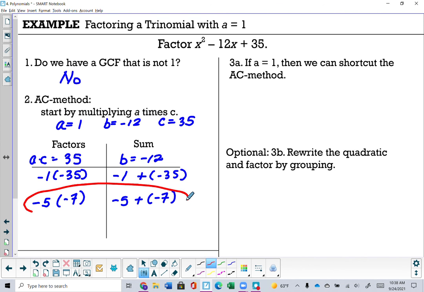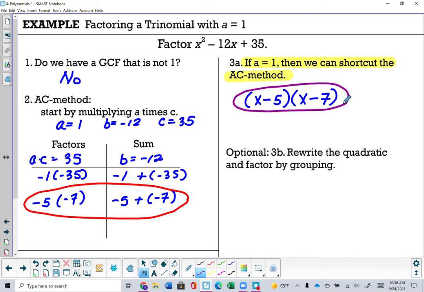Now, whenever our A value is equal to 1, we can shortcut the AC method. This is really nice. These two numbers here, negative 5 and negative 7, is exactly what we need to factor. It's just our first factor is going to be x minus 5. Our second factor is going to be 1x minus 7.